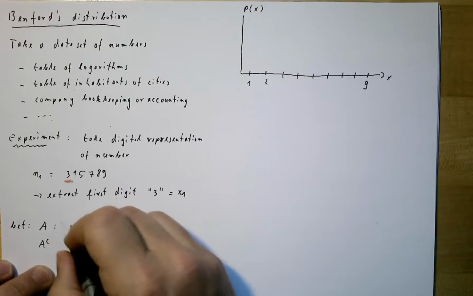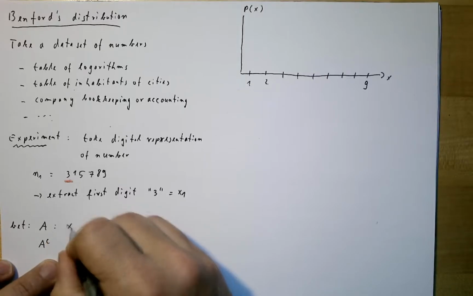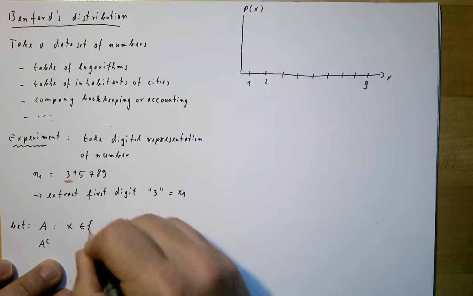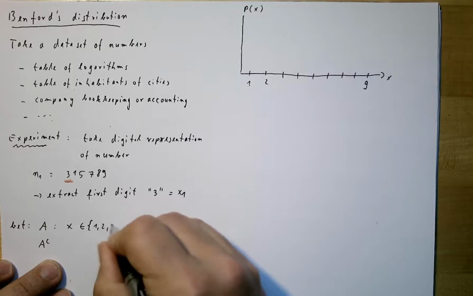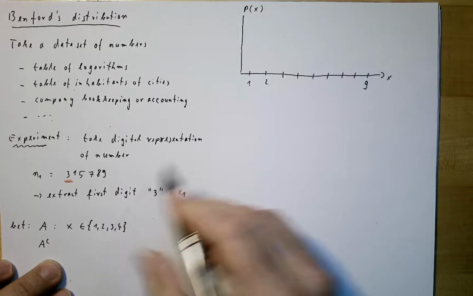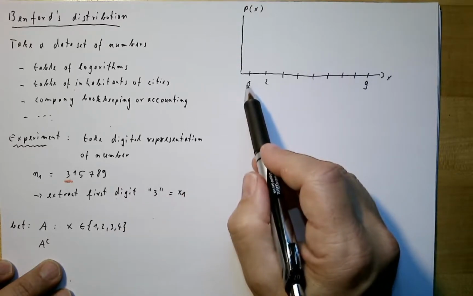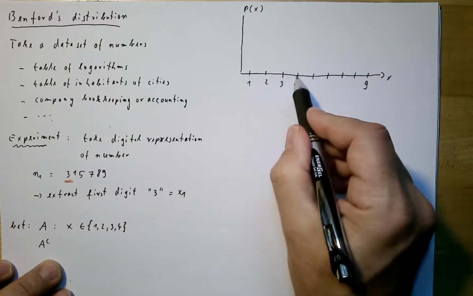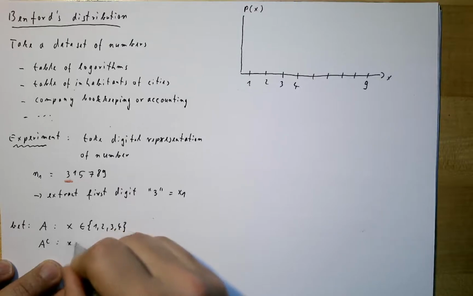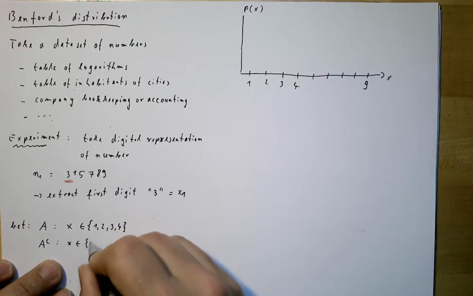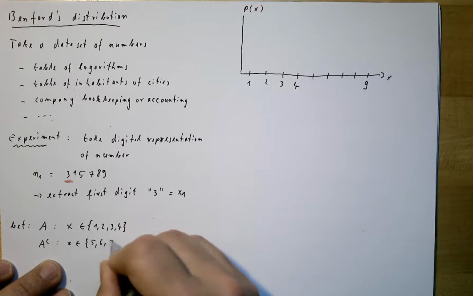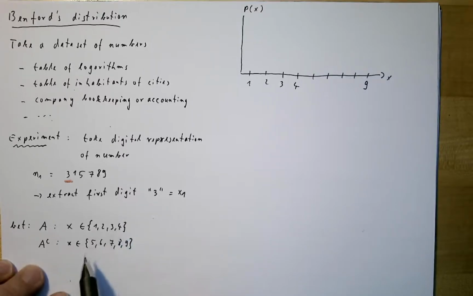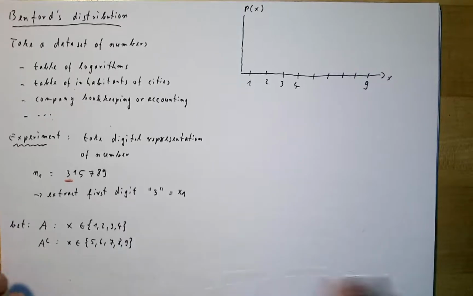The first event is that this digit x is an element of {1, 2, 3, 4}, so the first digit is among these first four numbers, or the digit is in the last five, 5, 6, 7, 8, 9. So here it's 4 possibilities, here we have 5 possibilities.